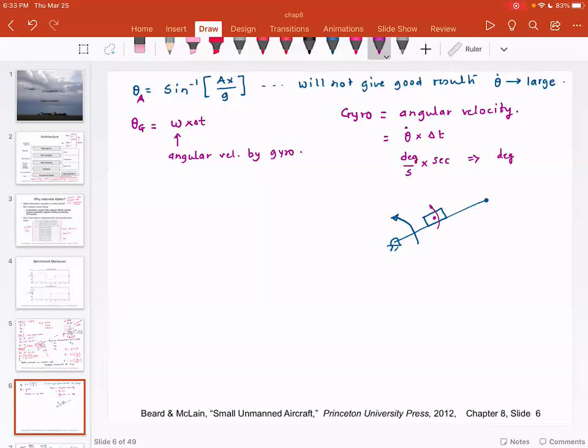Now here is the issue. If this motion is continuously changing, if this motion is quite fast, then the gyro should be able to give me a good measurement. The gyro will act just like a tachometer. So basically you mount the gyroscope and continuously get the output. As long as this angular velocity, this omega bar, is constant and continuous, you would get a good output from the gyro.